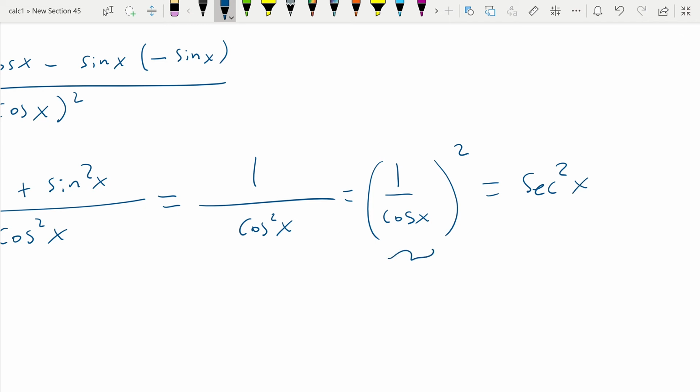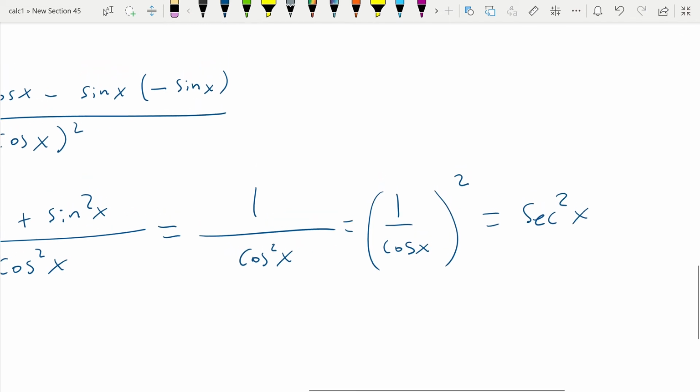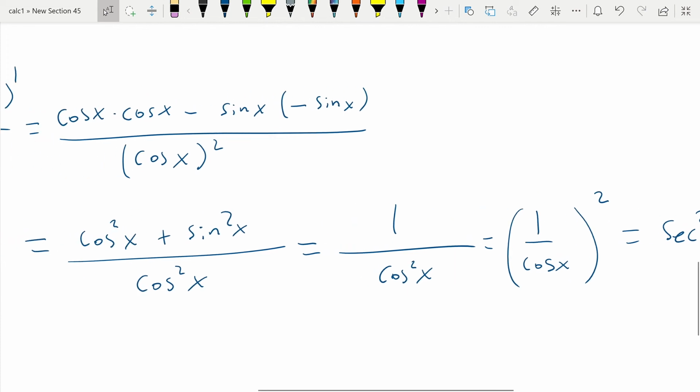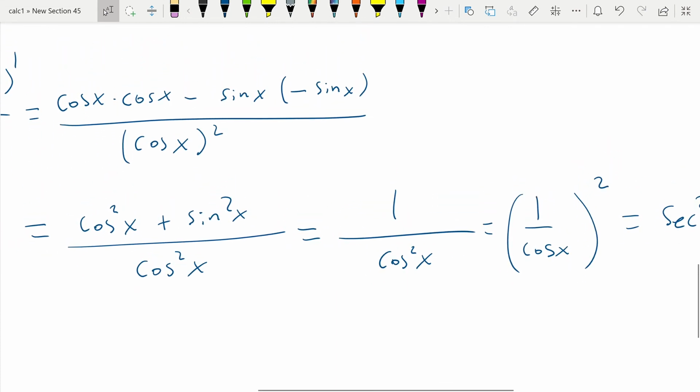What's inside the parenthesis is secant, so this becomes secant squared of x, which is what we had to prove. This is what we had to show, so we're done.